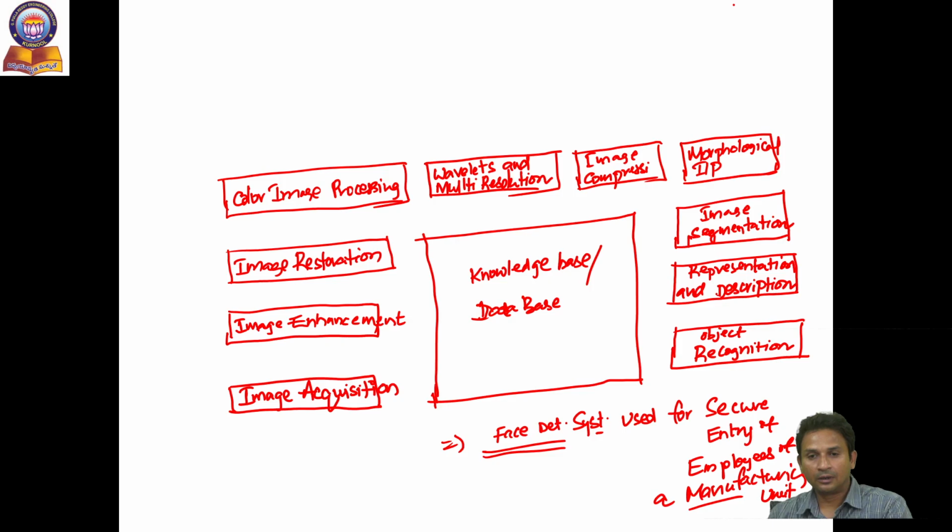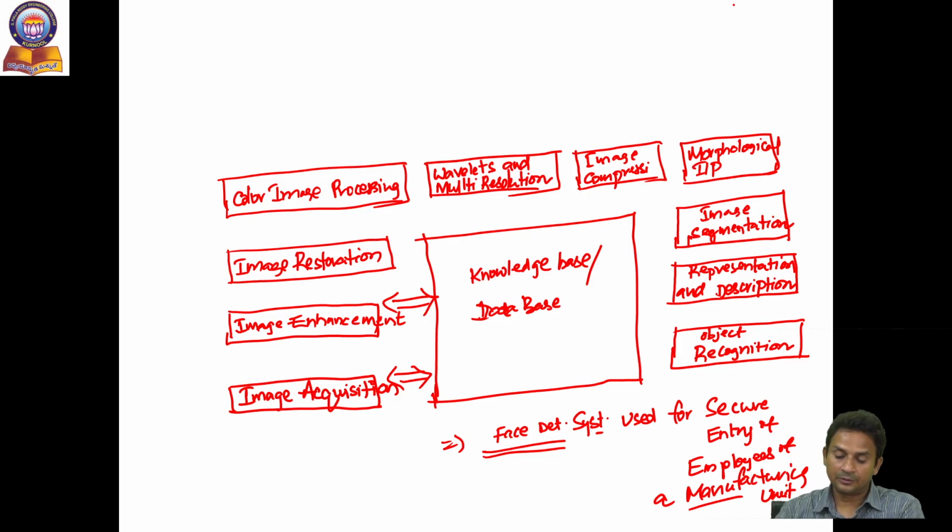When a particular employee comes and stands at the entrance of the unit, the system has to capture the image, and that is what is called image acquisition. And then some image enhancement has to be carried out on that image just to improve its appearance, so that it can be used in a better way in the further processing in the image processing system.